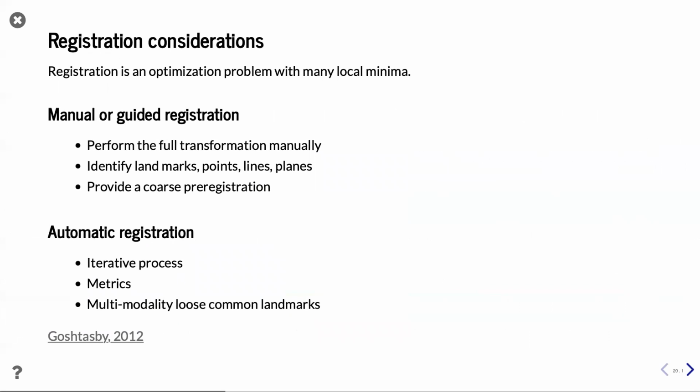And the automatic registration is first an iterative process where you iterate and move more and more to get to the right place. You have, as you saw last week, different metrics to work with. A problem when you have multimodality is that you may lose some common landmarks.